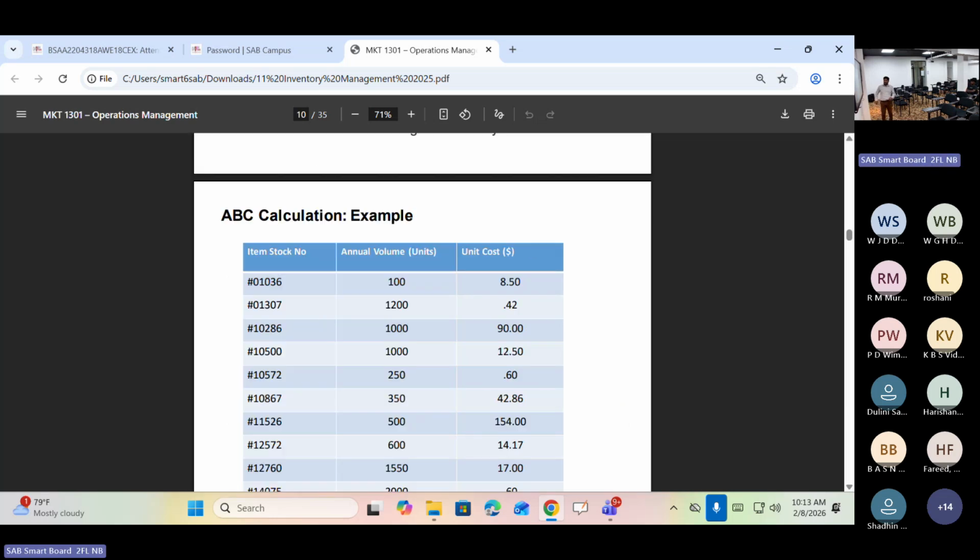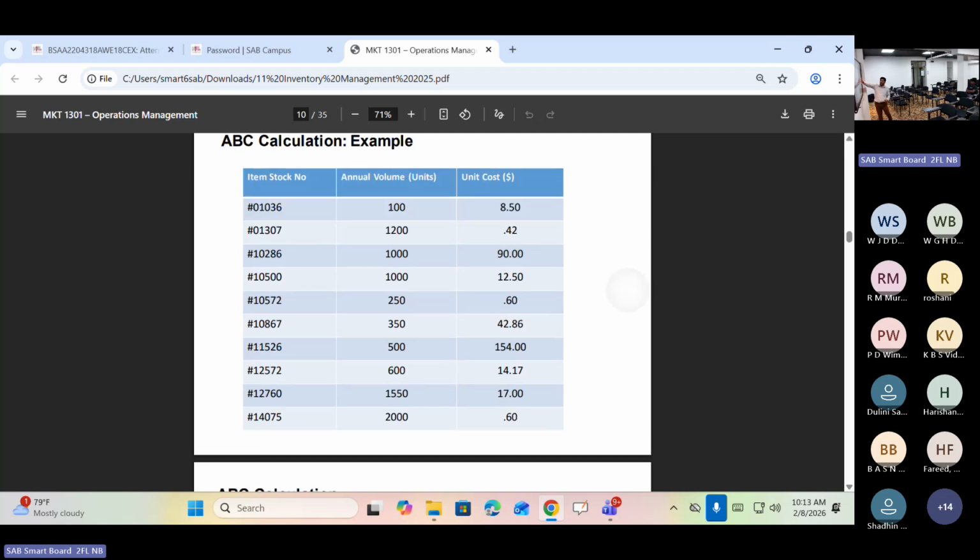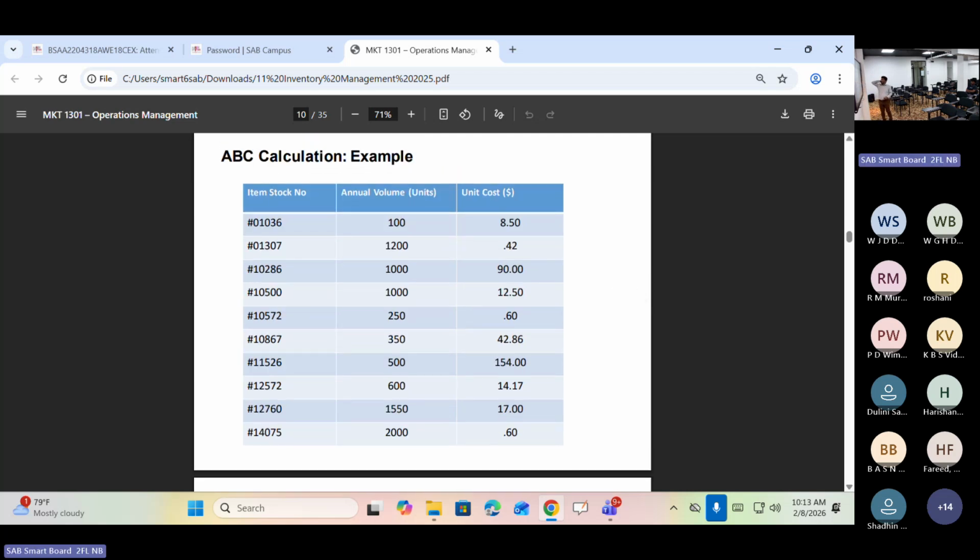With an example, let's quickly try to identify how to do this calculation. There is one example on slide number 10. Assume that you are provided with various stock items that are given numbers, the stock item number, then the volume they consume for the year, the annual volume, and the cost of each unit, the price of each item.